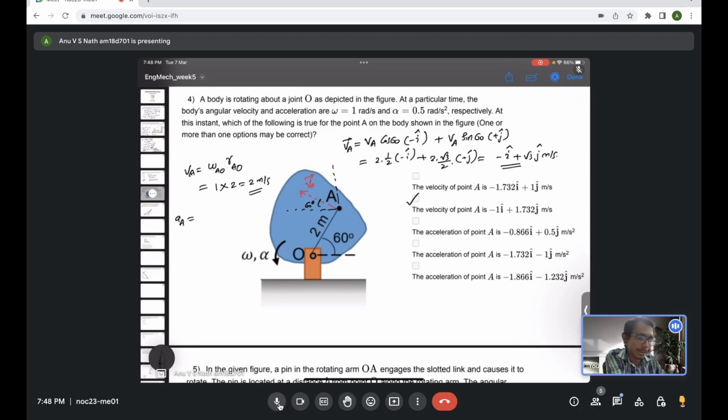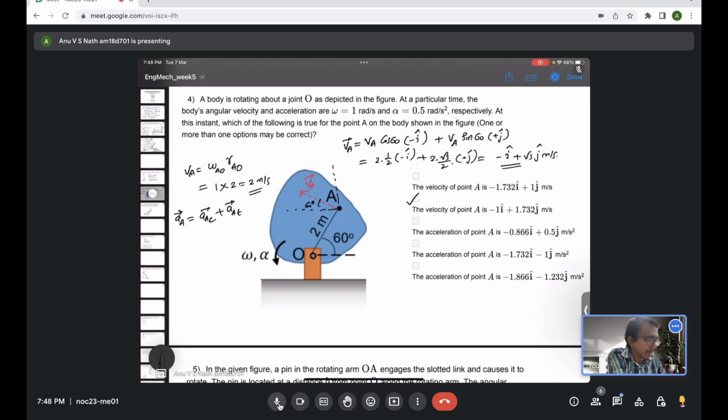Because it's rotating, it can have two components, a normal component and a tangential component. The normal component is basically the centrifugal component, and the other is the tangential component, as we saw earlier.